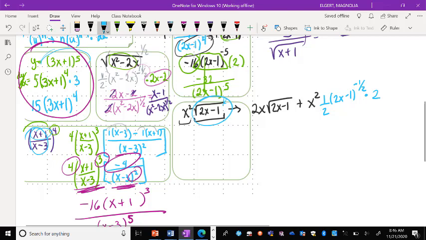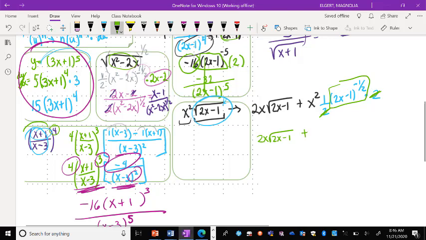Now it's just a bunch of algebra that you don't like to do. I'm going to just leave this term for a minute just because it looks nice how it is for a second. And this term here, this whole thing can go to the denominator because it's to the negative 1/2. I see a 2 in the numerator and a 2 in the denominator, so I'm just going to cancel those guys right now.